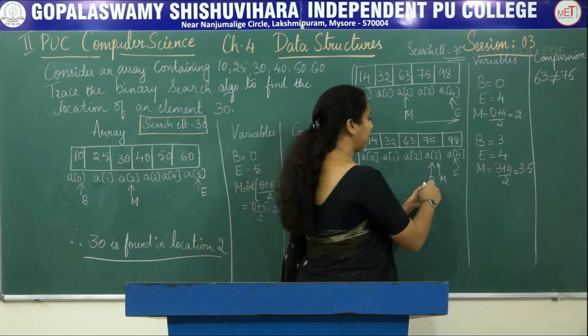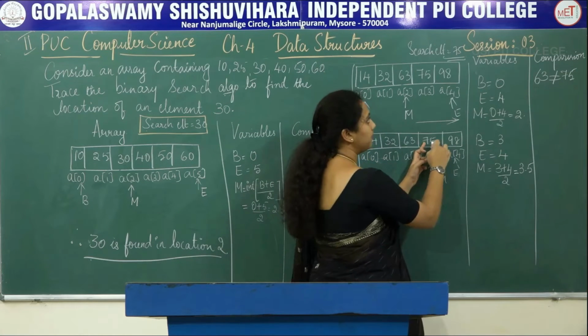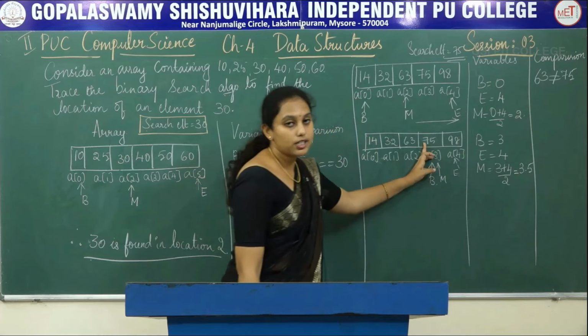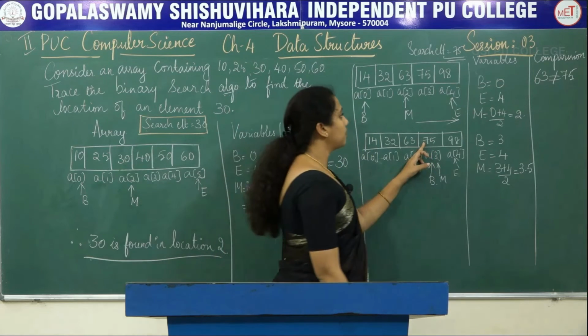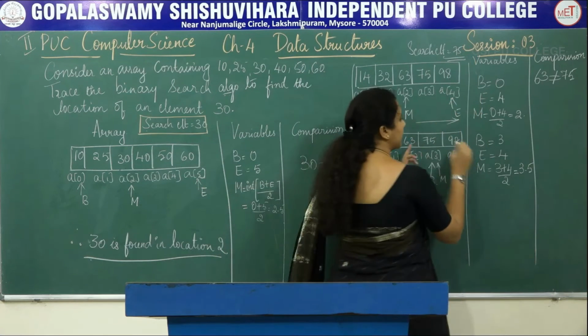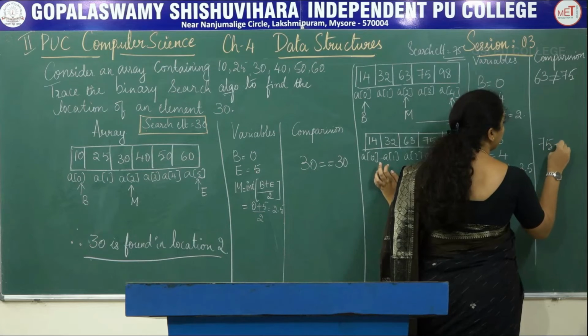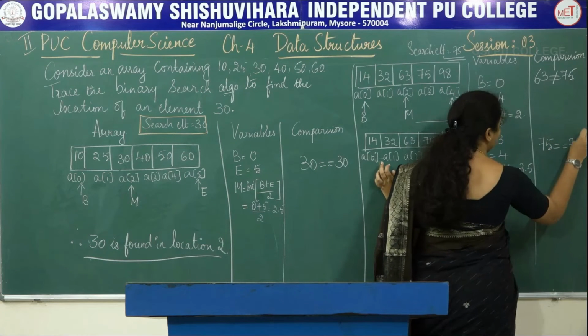Now I am going to compare this 75 with the search element. So what is the value of the search element? The value of the search element is 75, and 75 is equal to 75.